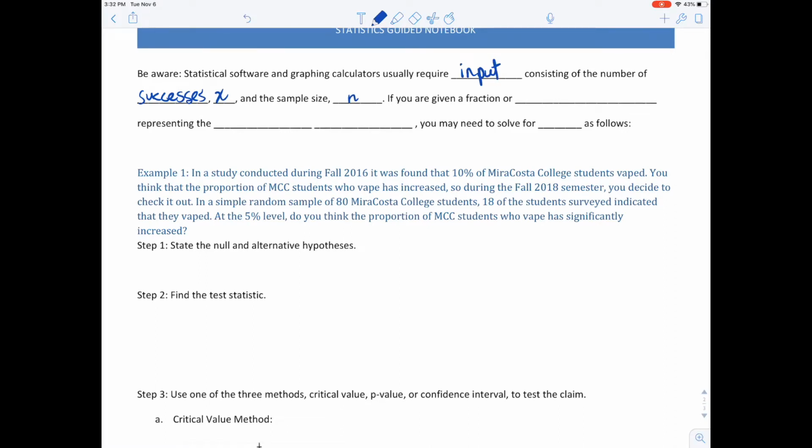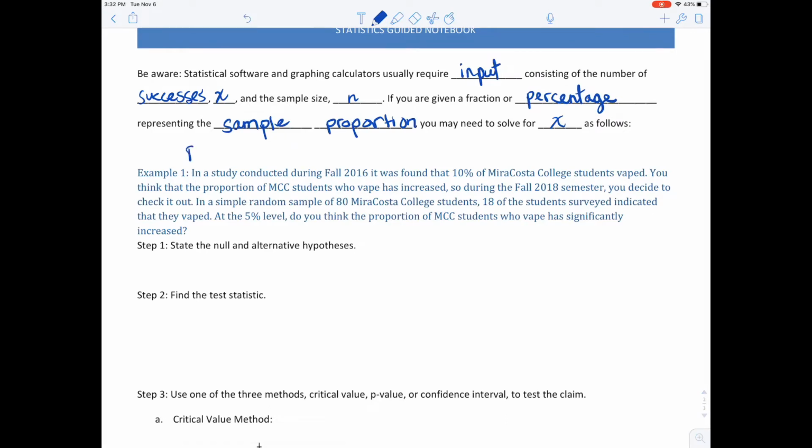If you're given some fraction or percentage representing the sample proportion, you may need to solve for x like this.